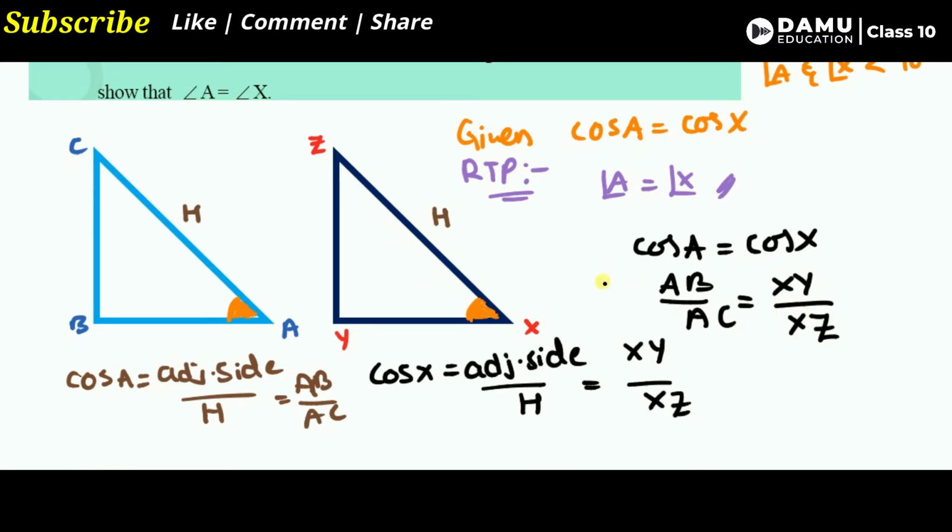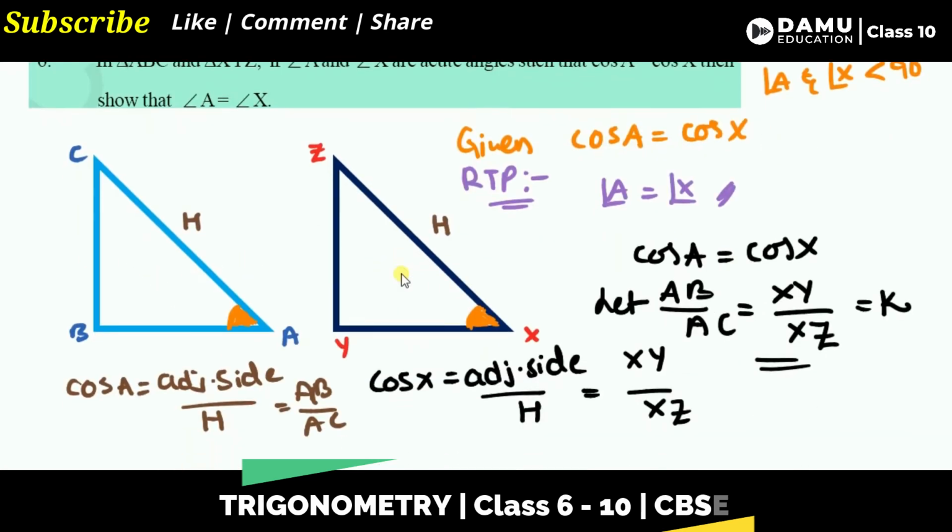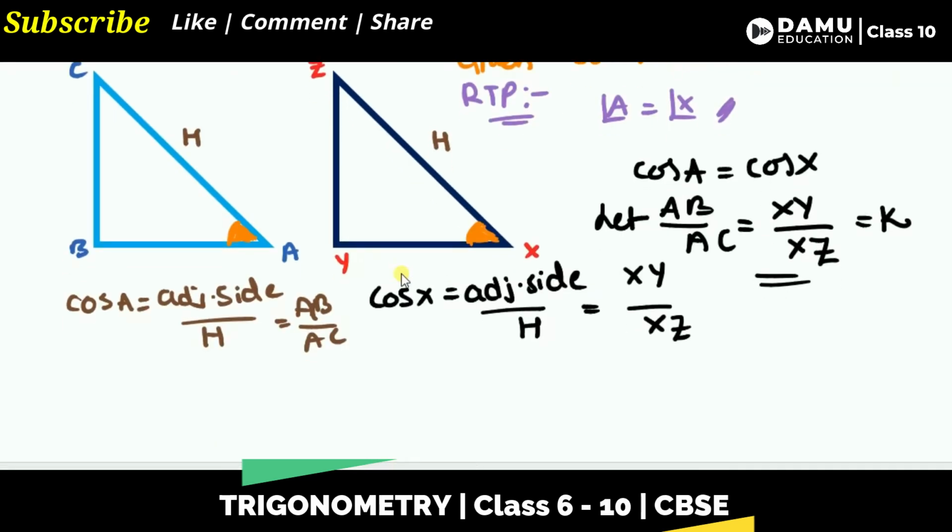Let's take these two equal to some constant K. Equating both the ratios, AB by AC is equal to K, which implies AB is equal to K times AC.